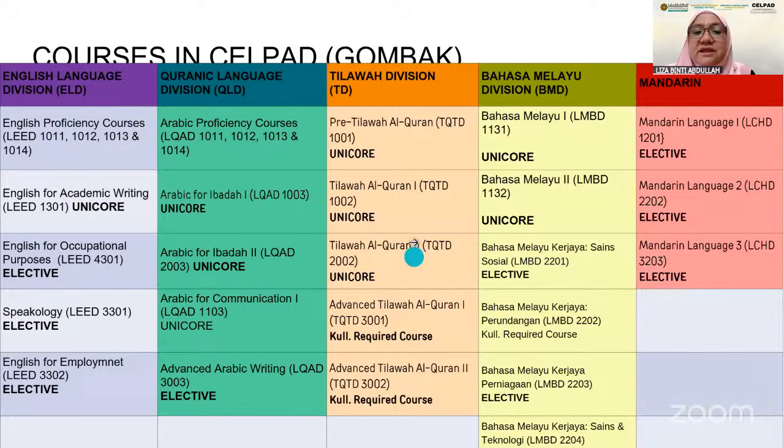But there are only 3 levels. If you sit and then you get to be in, let's say, tilawah Al-Quran 2, then you only do 1 course. These tilawah courses are a graduation requirement. You can take your time, but do not wait until the last minute.